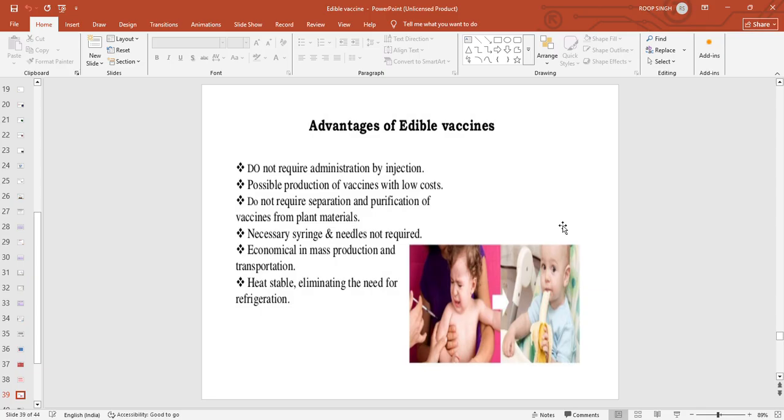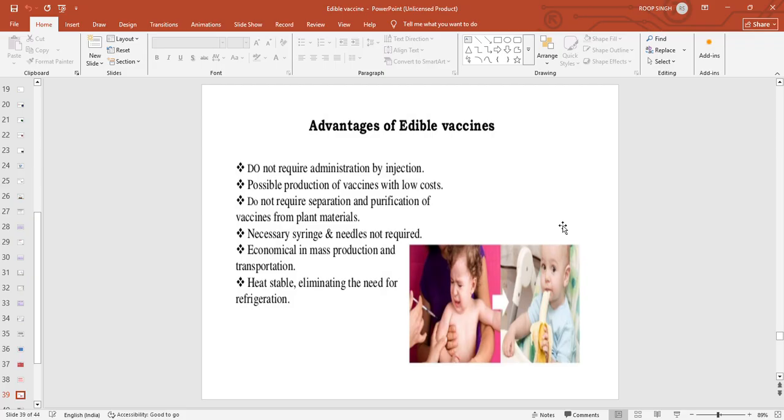It is possible to produce vaccines at low cost, so the cost of developing these vaccines is very low. Once you have developed the edible vaccine, then you just have to grow it. So the production cost is very low. They do not require separation and purification of the vaccine from plant material, so there is no need for downstream purification steps. That's why it is very cheap.